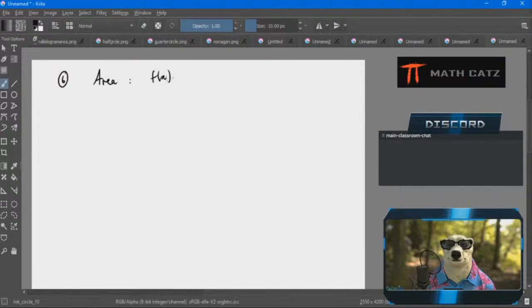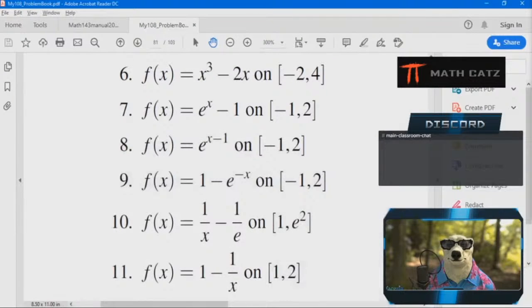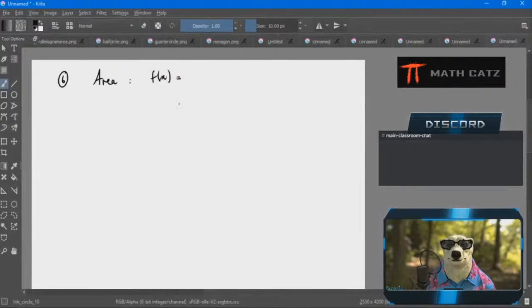I'm looking for the area between my function, which is x cubed minus 2x, from negative 2 to 4. So now I'm not going to bother necessarily graphing this perfectly, spending a lot of time.